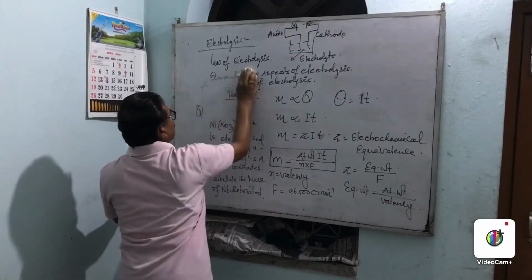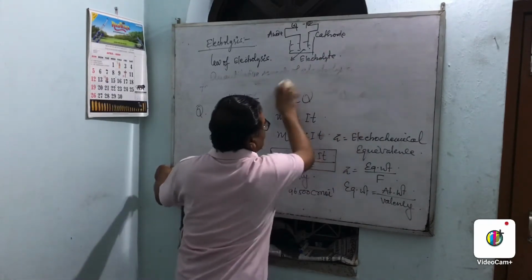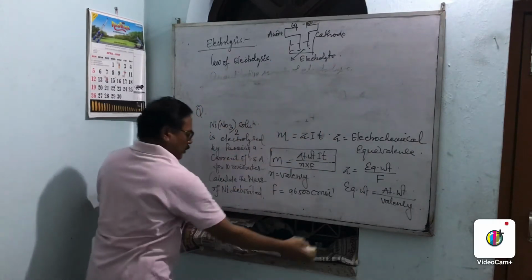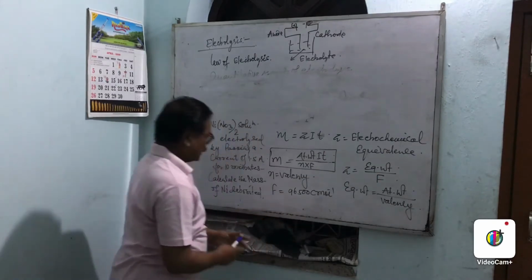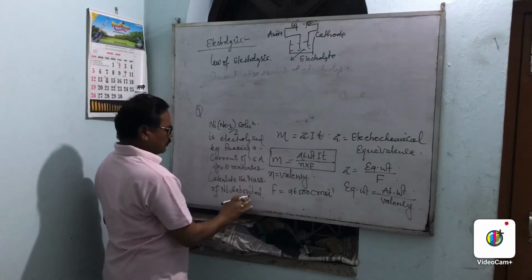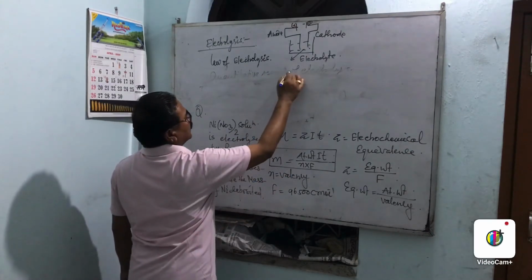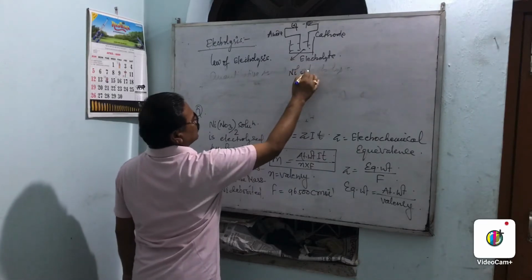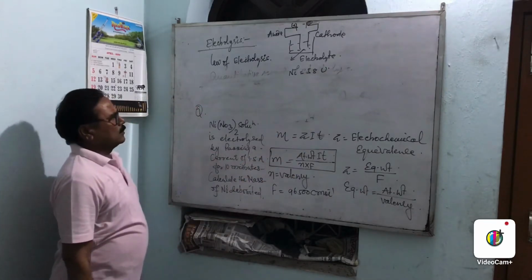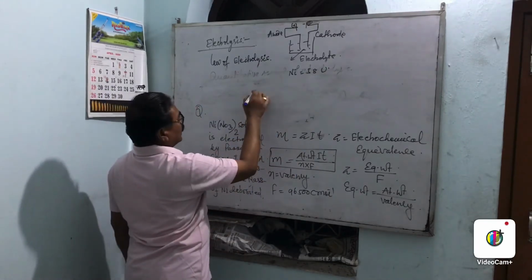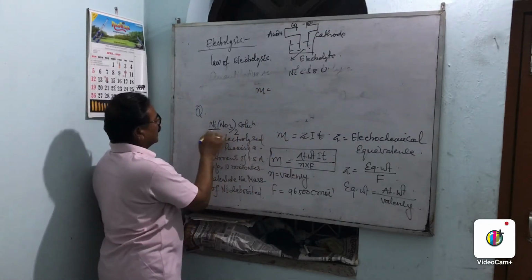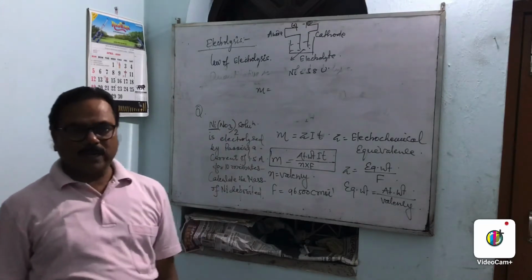This is how we will solve it. Nickel nitrate, so we have to calculate the mass of nickel. What is the atomic weight of nickel? It is given in the question paper, approximately 58 gram. Now M is equal to atomic weight, and in nickel nitrate, what is the valency of nickel? It matters here.